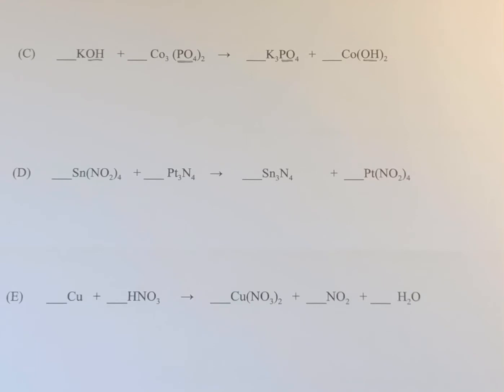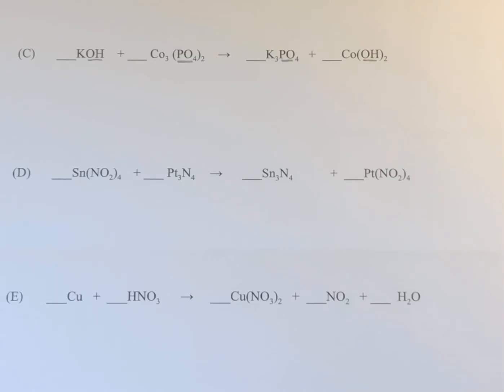I've underlined in example C a couple of polyatomic ions that exist. On the reactant side, the OH is the polyatomic ion hydroxide, and the PO4 is the polyatomic ion phosphate. And one of the things to keep in mind when you're using this method is that it works for times when the polyatomic ion shows up on both sides of the reaction unchanged by its formula.